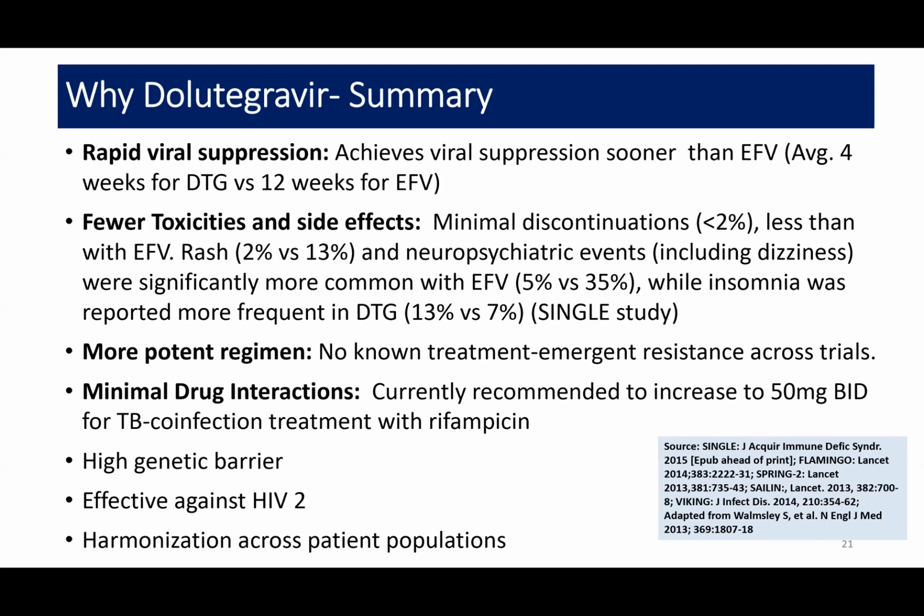It is a more potent regimen. So it is also beneficial for prevention of mother to child transmission of HIV. Because viral suppression happens immediately, the risk of transmission from mother to child also is reduced very rapidly.